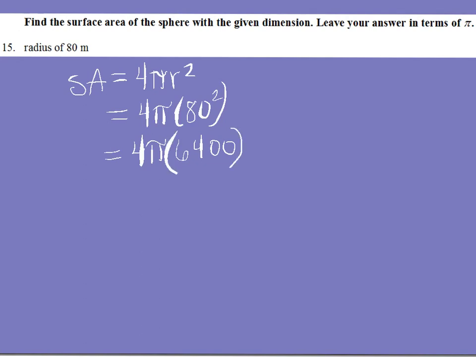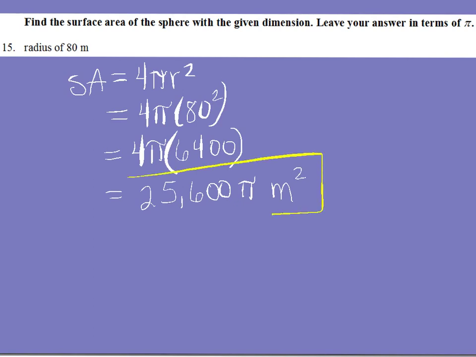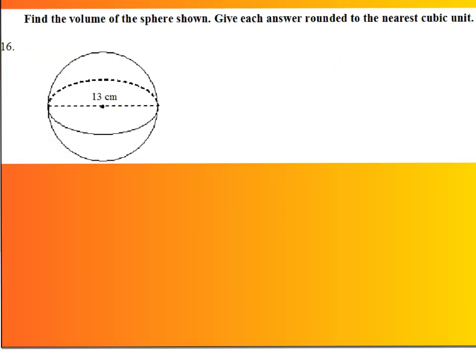And then 4 times 6,400 becomes 25,600 pi, because I didn't put pi in my calculator. And my units are meters. Since it's surface area, it's squared. So here's my answer. 25,600 pi meters squared.